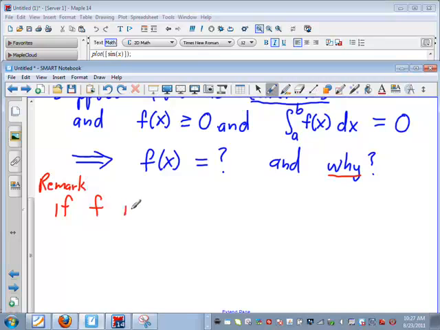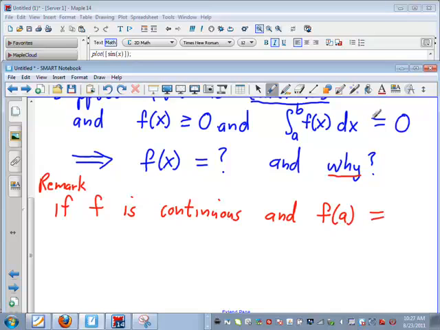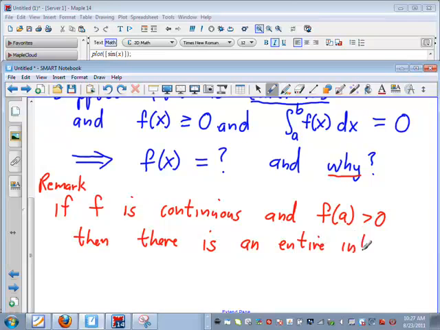If f is continuous, and suppose I told you that f of a was positive, then there is an entire interval around a on which f is positive.